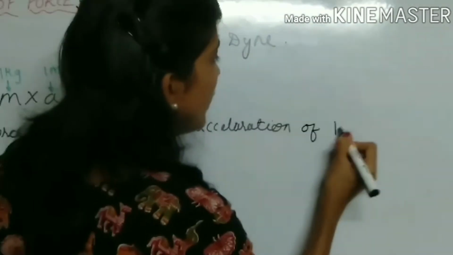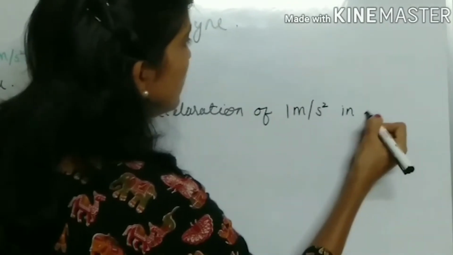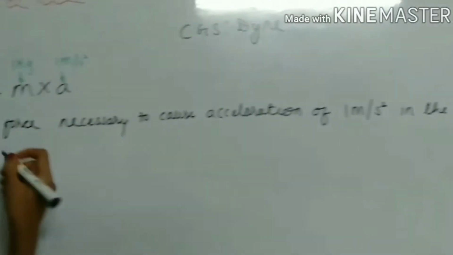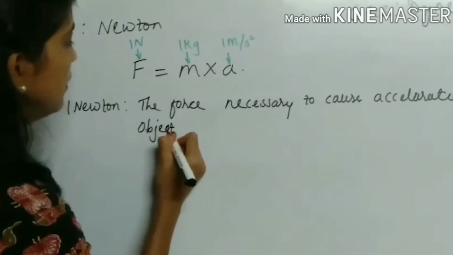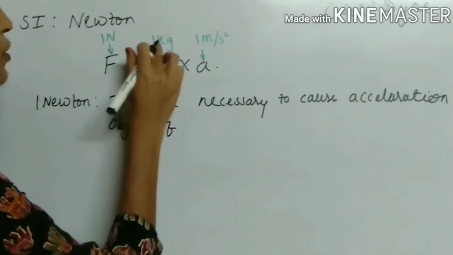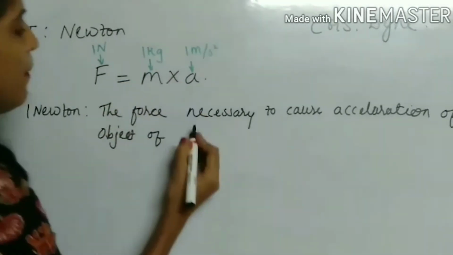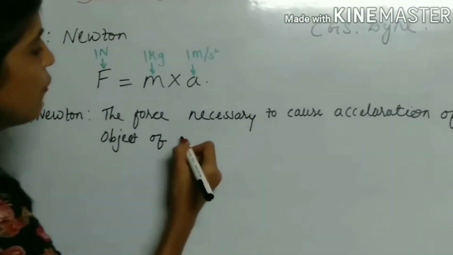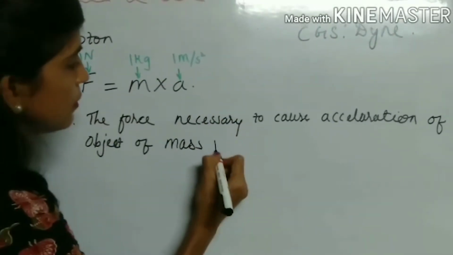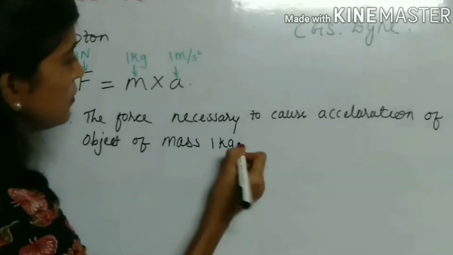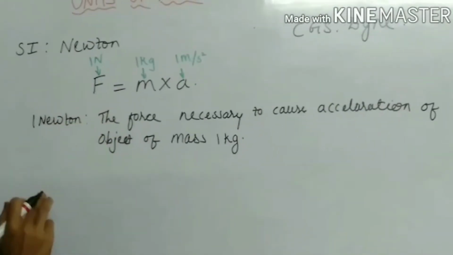Acceleration of 1 meter per second square in the object of mass, what is mass of the object? M is mass. So we have to write mass of the object of mass 1 kg. Okay. So that's how we define 1 Newton force.